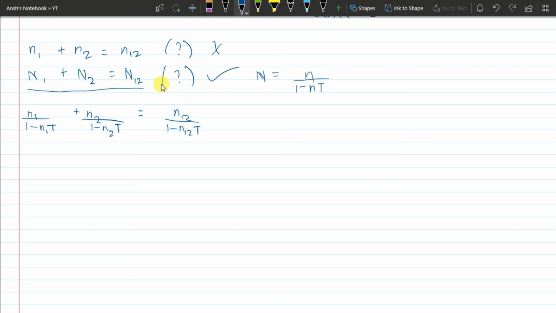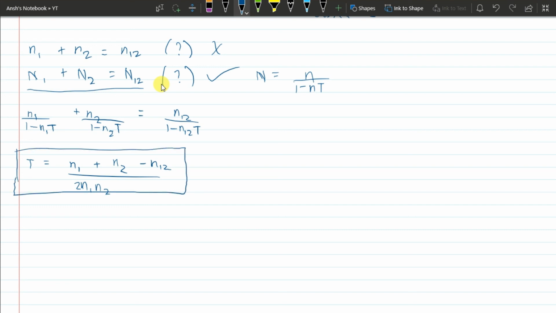So I won't go into how to solve this equation, but we know that this equation can be solved for capital T and we'll get this answer. So capital T will be equal to N1 plus N2 minus small n12 upon 2 N1 N2. So this is our derivation of the dead time. So we have capital T is equal to N1 plus N2 minus N12 upon 2 N1 N2.